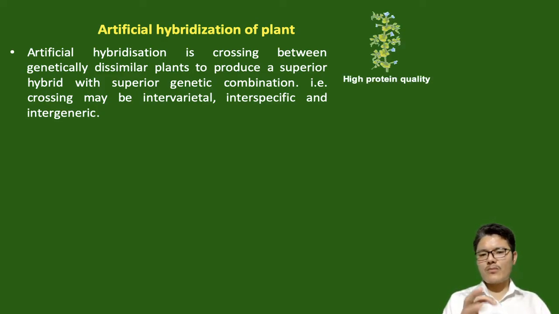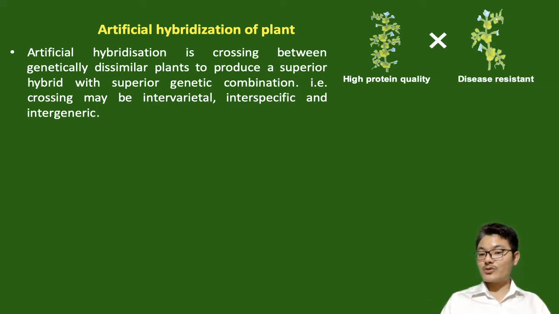To make it more clear, I have a few card animations here. Suppose we have a superior pea plant having high protein content, and we cross or hybridize it with another plant which is disease resistant to pathogens.